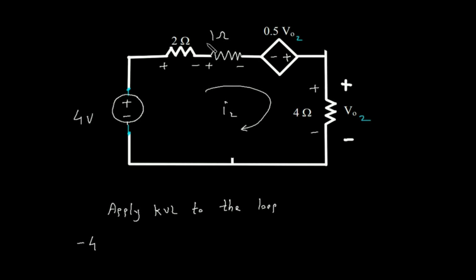So this will directly be 3I2, plus 3I2 minus 0.5 VO2, then plus 4 I2 is equal to 0.